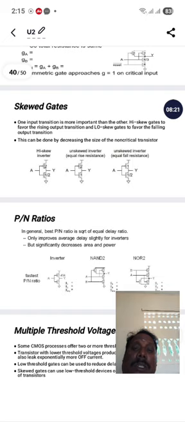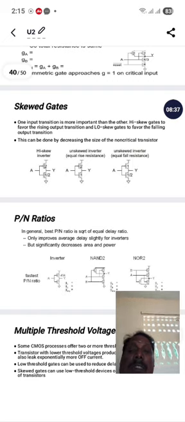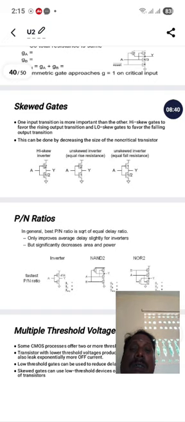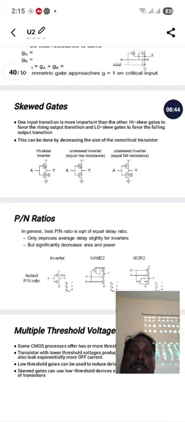For the left diagram, the ratio is 2:1 by 2, which means the ratio is not in the proportion of 2:1. So this is said to be a high skew inverter, whereas 1:1 by 2 is said to be a low skew inverter. So these are the three types of skewed gates we often study in VLSI design.